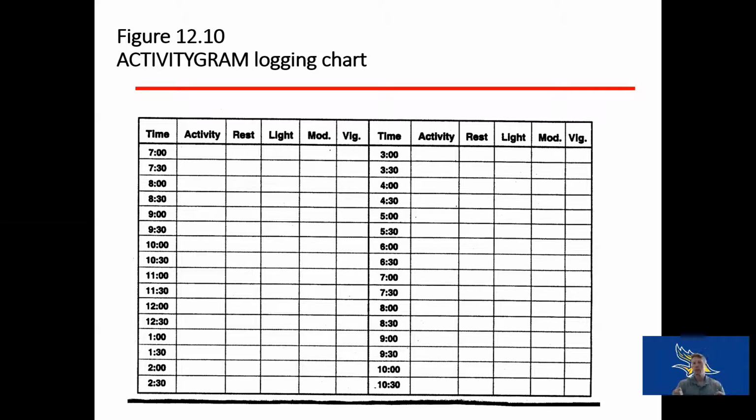So they keep their activity log with them. It maybe doesn't have to be as detailed as this, but it has times, and they write in if they did an activity, what it was, or if they rested, or if they were doing moderate activity, light activity, vigorous activity. Make sure they understand what each one means and each one feels like so they can give the best results.